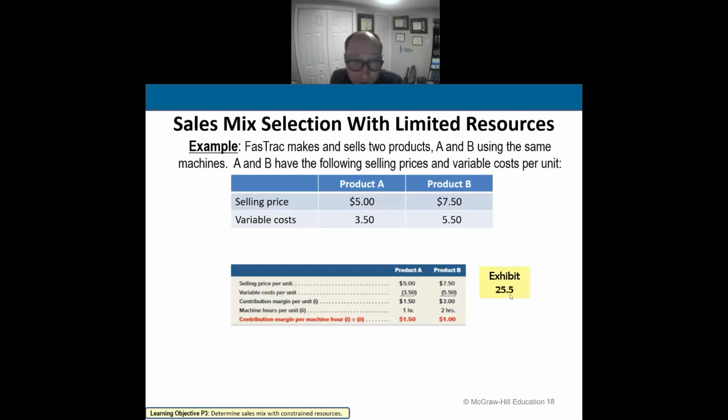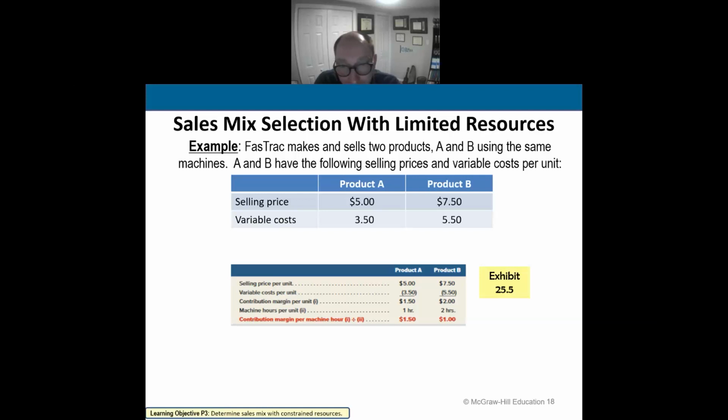So here's an example. Our company sells two types of wiper blades. We have wiper blade A and wiper blade B. Let's say that wiper blade A is our standard wiper blades. Wiper blade B is the Rain-X, the fancy one. And we use the same type of machinery to make both types of wiper blades.